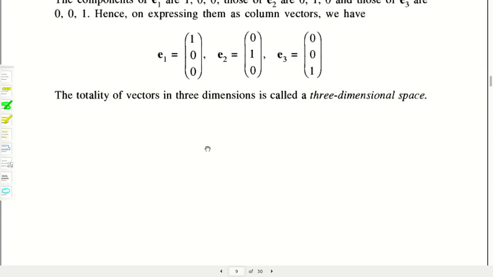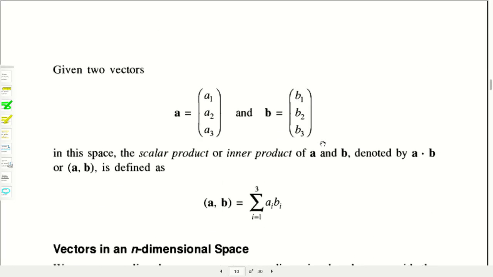Now if you have two vectors, and I talk about the vectors, you should assume that I am talking about the column matrix. So A and B are two different vectors in a three-dimensional vector space with components a1, a2, a3 and b1, b2, b3.